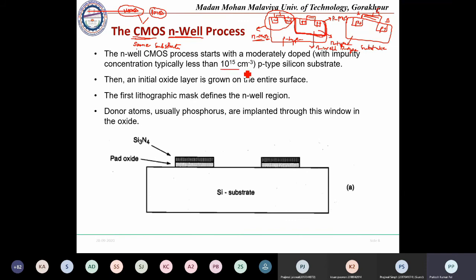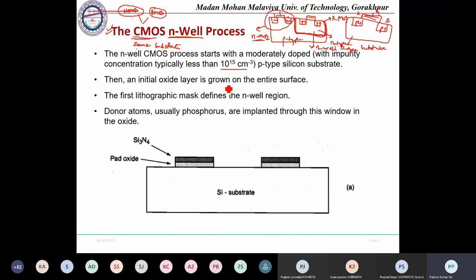So if we are making an N-well on a P substrate, it will be done by an impurity of lesser concentration on the P-type substrate. Then an initial oxide layer is grown on the entire surface. So this is how we should be proceeding to have CMOS fabrication.